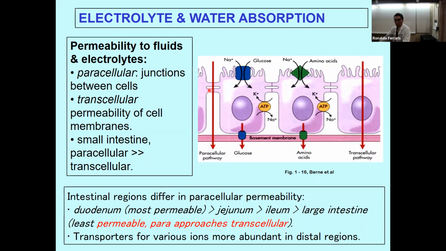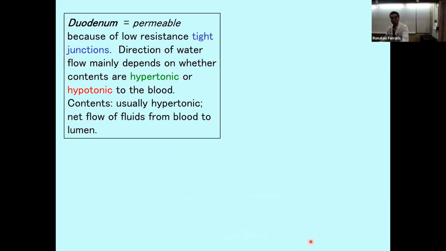Here paracellular absorption approaches rates almost equal to transcellular absorption. And the transporters for various ions are more abundant in distal regions. And I'll explain that in a few slides.